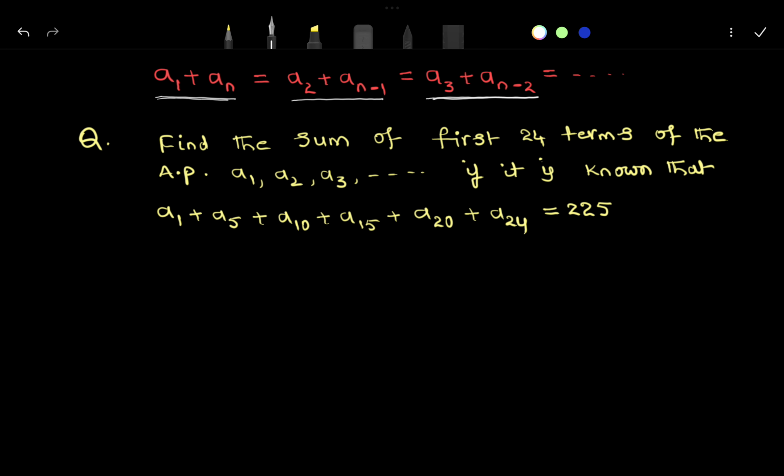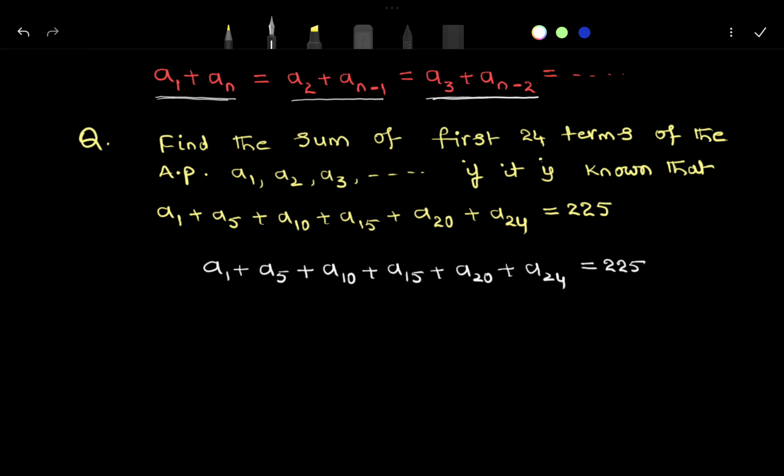Here the given expression is a1 plus a5 plus a10 plus a15 plus a20 plus a24. This value is given as 225.